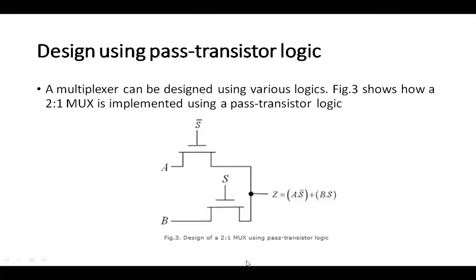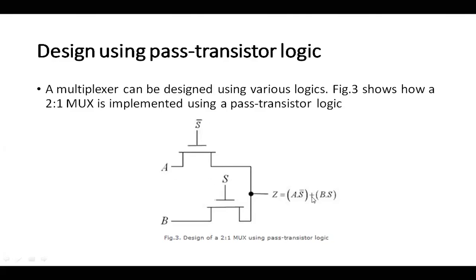Yes, sir. Okay. So here I have to pass my value A and I have to pass my value B. Using these transistors, if my gate is open, then only this value will pass. Normally when they are in series, we multiply them, right? So A into S bar, and these two are in parallel, B into S. Parallel becomes plus.